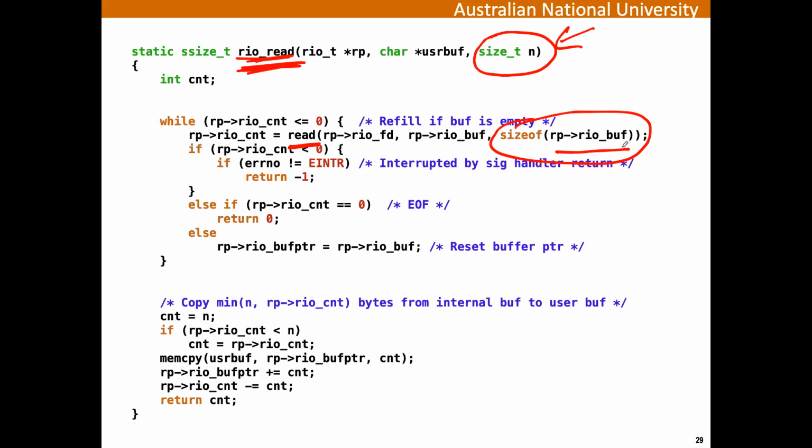It's reading way more, and this is the buffering I'm talking about. This variable here, the size of this buffer could be 1024 or much larger, and n could be just 1. The user of this function could say, give me 1 byte. Internally, whoever wrote this function is trying to read 2048 bytes and trying to reduce the number of system calls.